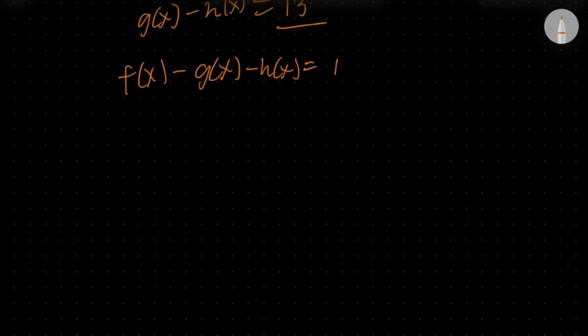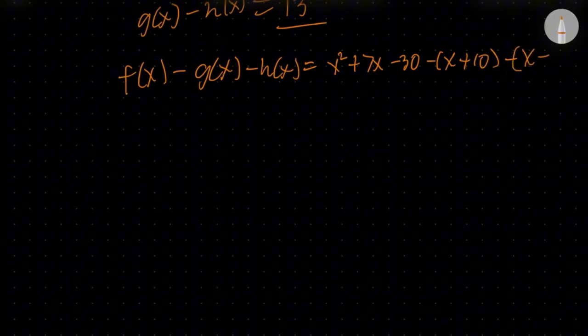F of x is x squared plus 7x minus 30, minus x plus 10, minus x minus 3. Now we are just gonna do what we did earlier. We're going to multiply g of x and h of x into the negative sign.